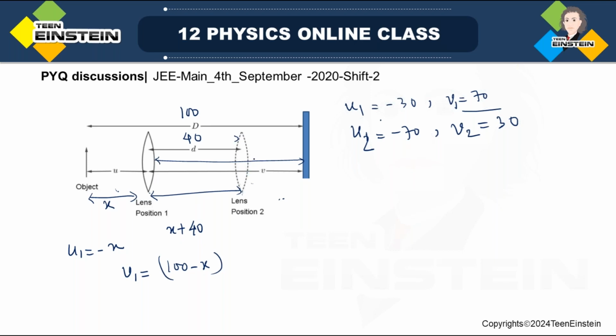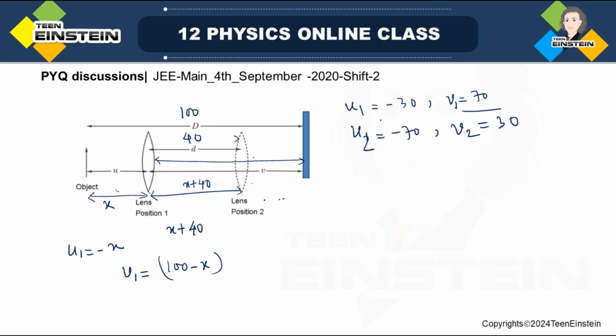So in the second case, what is this distance then? See, in the second case, this is actually 40 plus x, the total distance is 40 plus x, this one, okay.